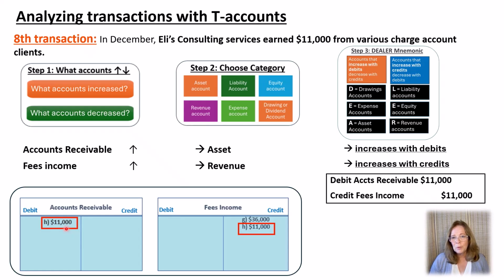The amount for the revenue account fees income increased as well, and we learned in step 3 that revenue accounts increase with credits on the right side of the T account. We find the T account for fees income and write the transaction ID H and the amount of $11,000 into the credit column of the fees income T account. Let's move on to transaction number 9.